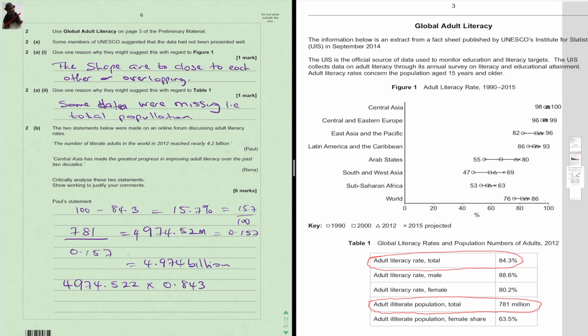If we multiply that by 0.843, we get roughly 4193 million, which is roughly 4.2 billion. So Paul's statement was correct.